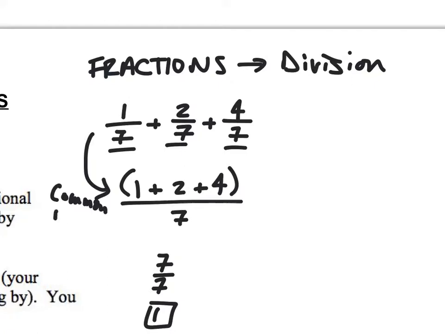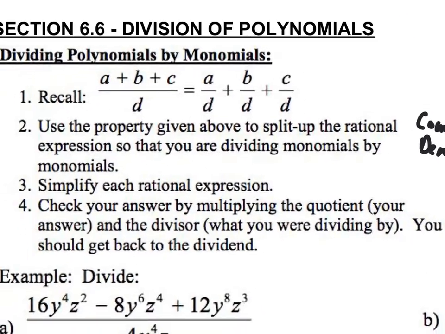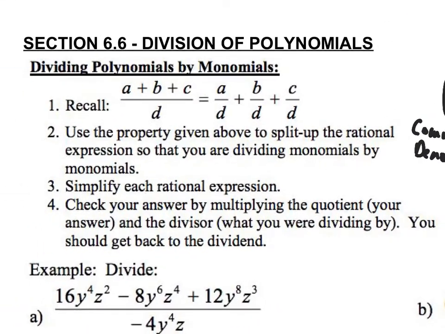Now, because we have a common denominator, when we're dividing polynomials, we're going to start here, and we're going to go backwards. So what that means is, recall that if you have a fraction with a common denominator, we can separate that out into individual fractions.